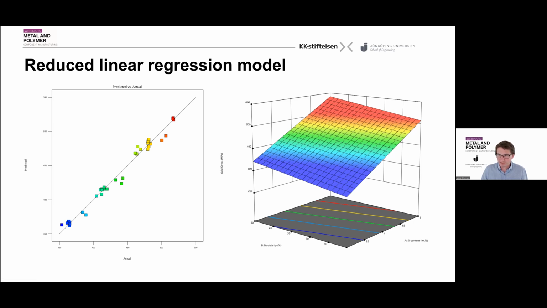Again, we have a question in the chat: how can one decide which factors should be included in the optimized model? Yeah, that's a very good question. Typically it goes like this, as I showed you: you start by including the ones that you have measured.